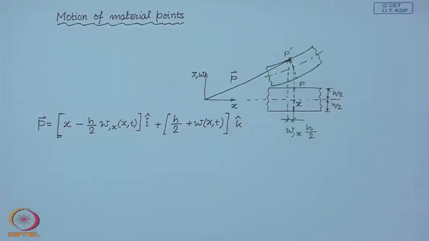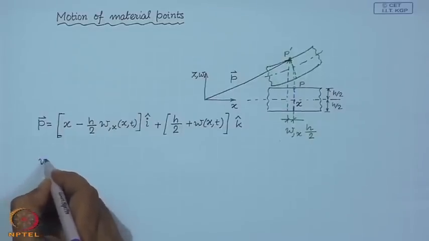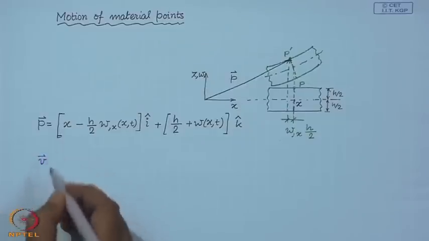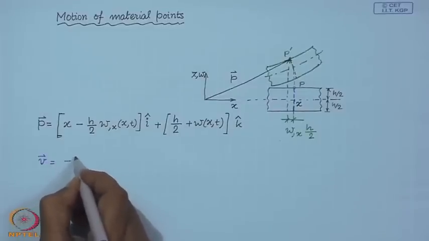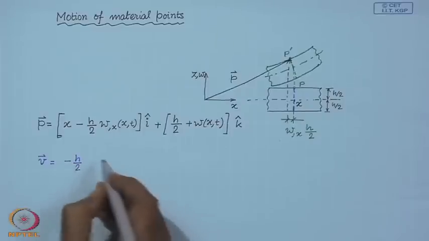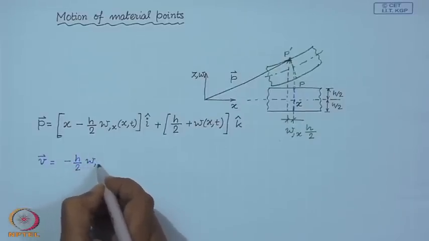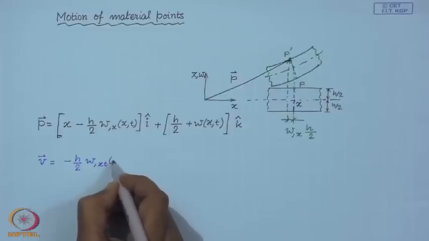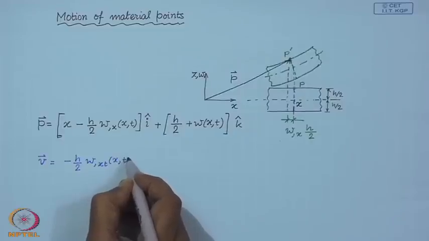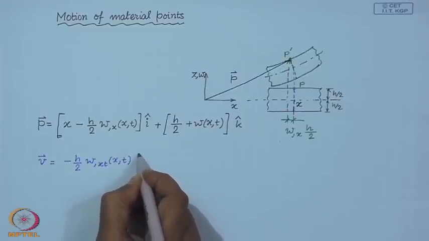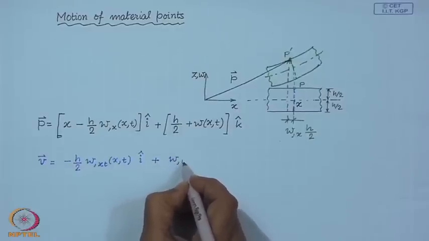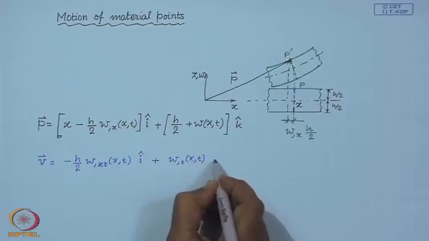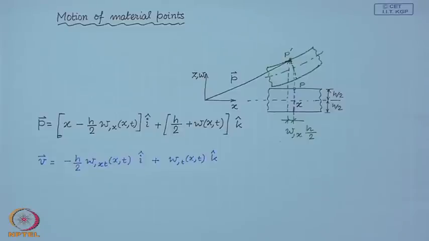Now, once we have the position vector, we can write down the velocity by differentiating the position vector. So, that is the velocity vector.